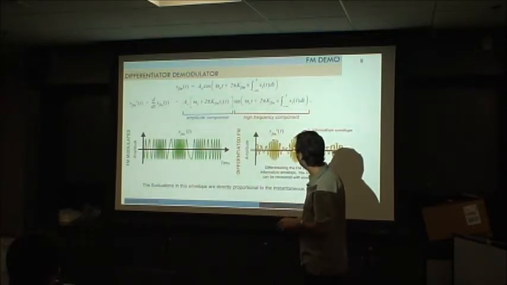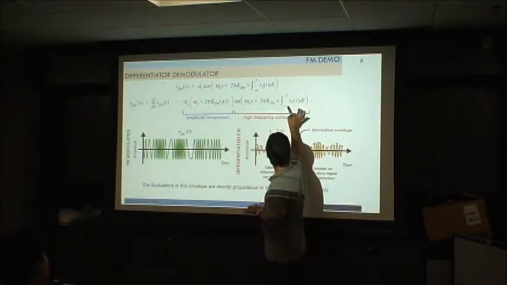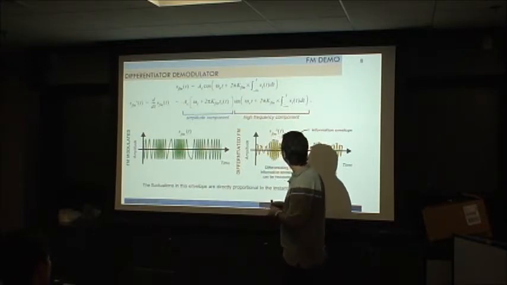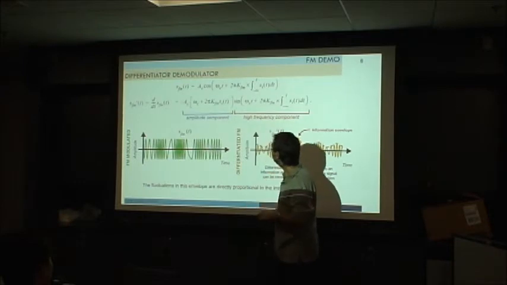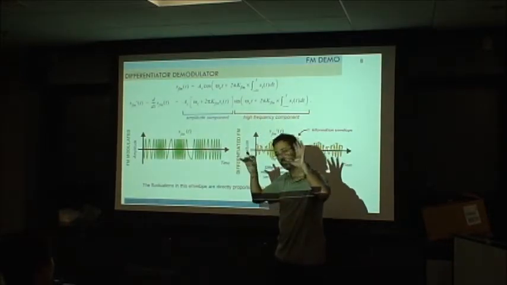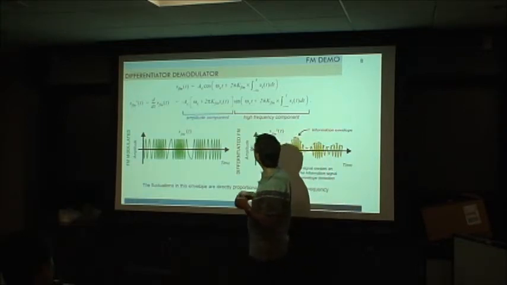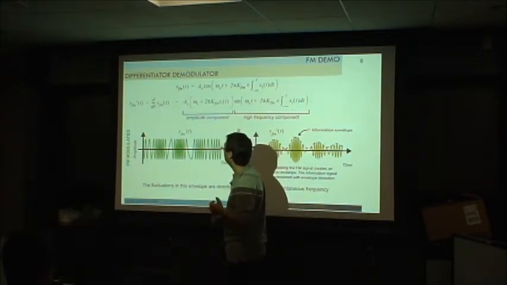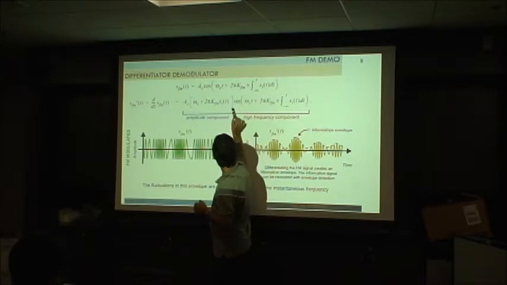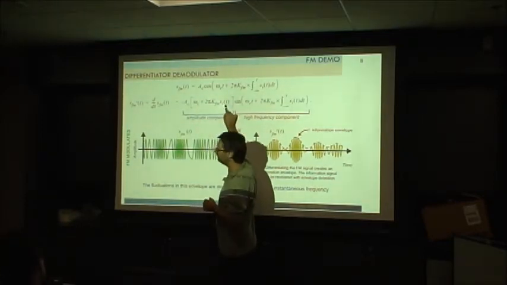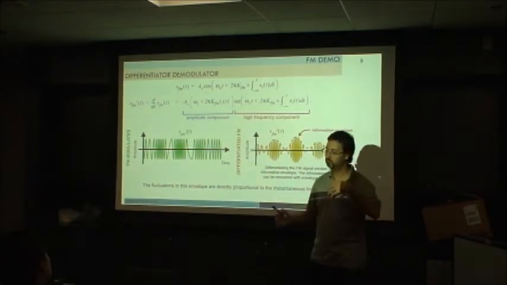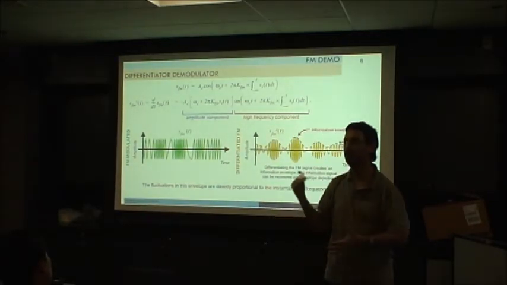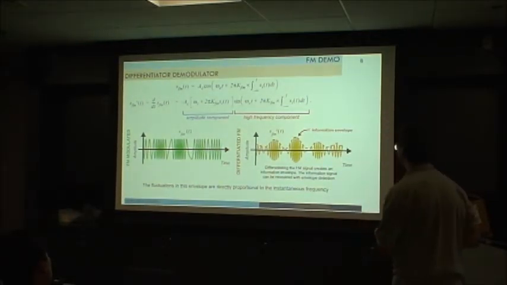We could see that we have some part of the signal integrated here that will have some high frequency component, because we are adding frequency to that cosine, so this can be removed by some low pass filter. But the cool thing is that if we just take the derivative, we get this part, and that is our signal. So the idea is to see how we can use derivation to get our signal back.